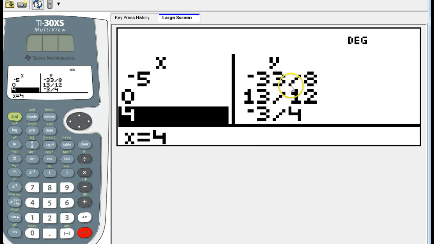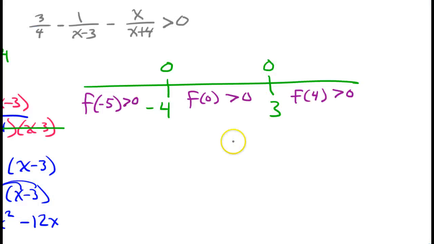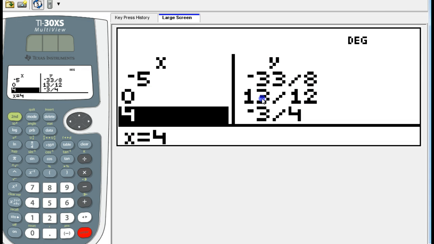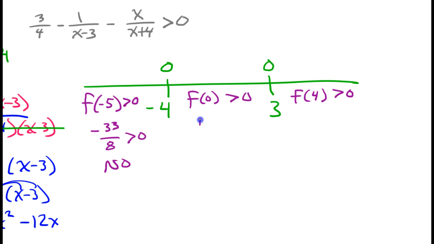Okay, so I got -33 over 8, and I'm trying to see, is that greater than 0? No. Okay, that is a negative number. It is not greater than 0. What about at 0? I got 13 over 12. Is that greater than 0?